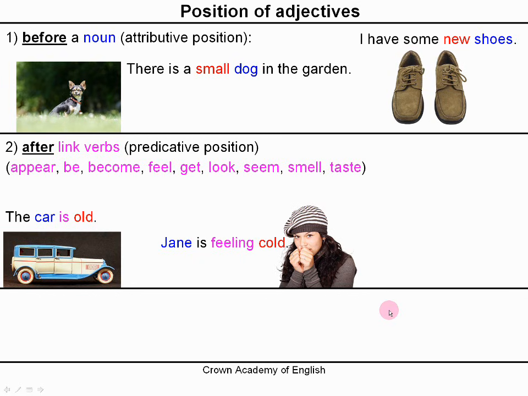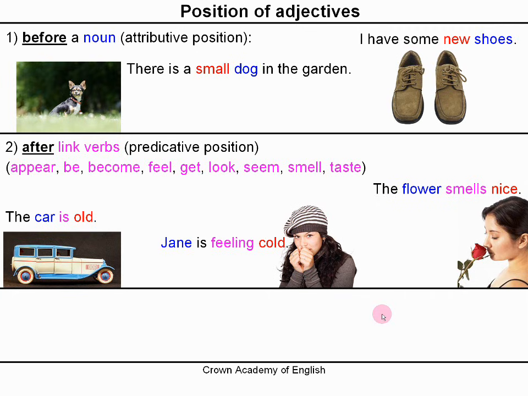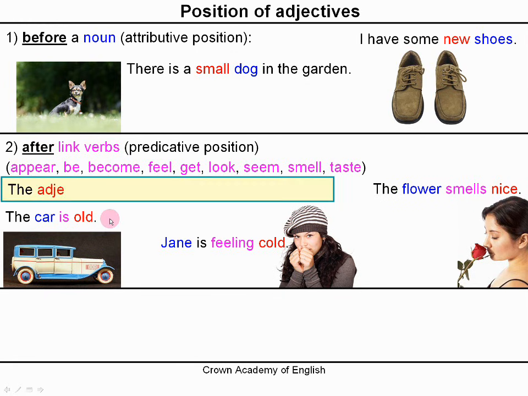Jane is feeling cold. So the adjective cold is after the link verb feel. The flower smells nice. So the adjective nice is after the link verb smell. And what is important here is that the adjective functions as a subject complement.